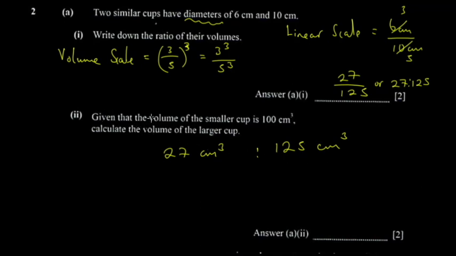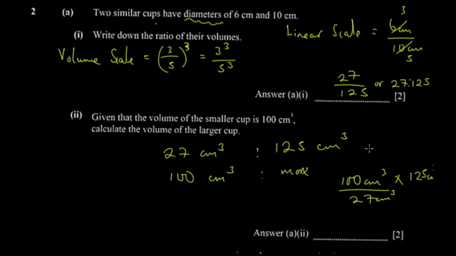Given that the volume of the smaller cup is 100, so this is 100. Find the volume of the bigger. So bigger is supposed to be more, and if it's more, it's what? Bigger number at the top. So you have 100 cubic centimeters over 27 cubic centimeters, multiplied by 125 cubic centimeters. Then you just work it out. I'm sure you'll be able to find the answer.